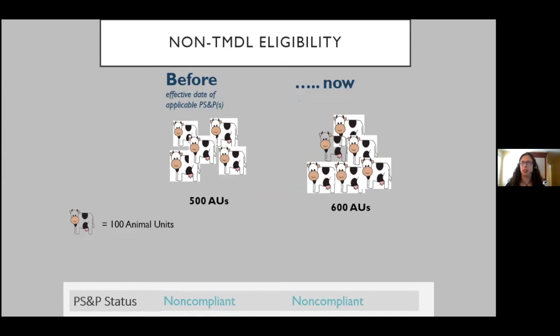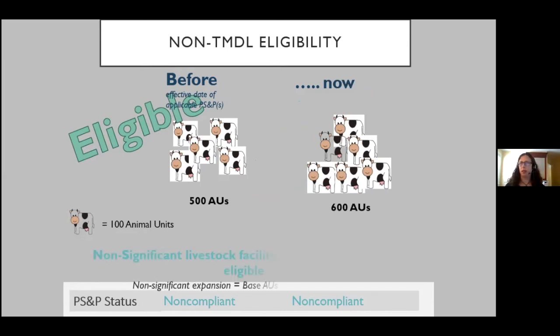So this project is eligible. It was in existence and has continuously been non-compliant. So how can it be eligible when the number of animal units has increased from 500 to 600? The reason is that the magnitude of the expansion is not significant as defined by NR 153.15.